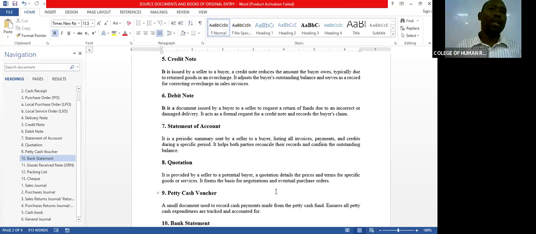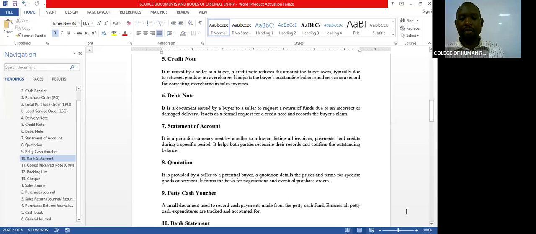Once you get that quotation, you make the decision on whether to buy or not. If you decide to buy, then you send the RPO or RSO, depending on the nature of the product that you want to procure. If it is a service, RSO. If it is tangible goods, RPO. So it is a response to the inquiry.